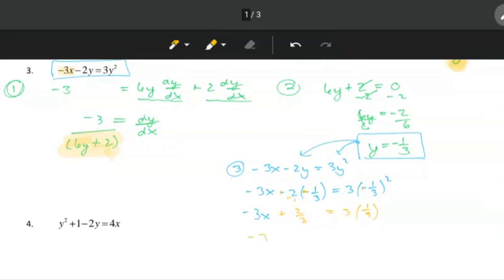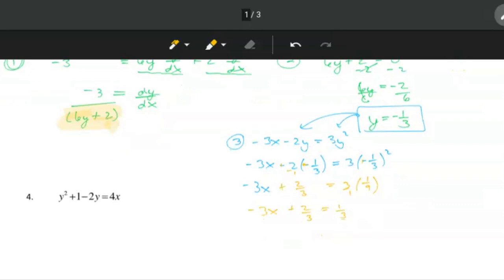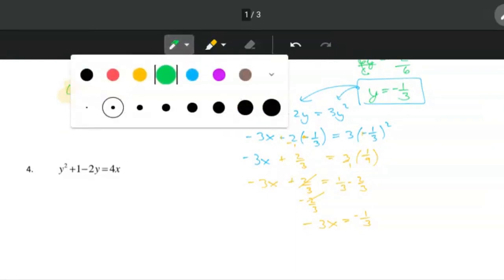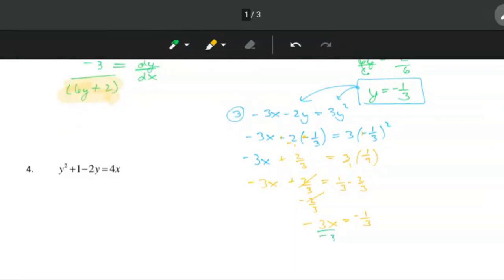So we really have -3x plus 2/3 equals, that's 3/9 or 1/3. And then if you subtract 2/3 from both sides, we get -3x equals -1/3. And then to solve, you can divide both sides by a -3.